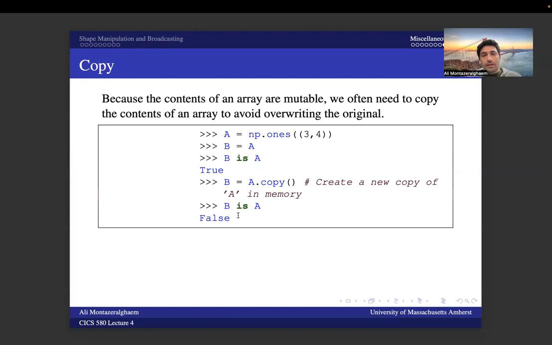Because the contents of an array are mutable, we often need to copy the contents of an array to avoid overwriting the original. So in most cases, if you want a copy of an array, you need to use this function, which is .copy().